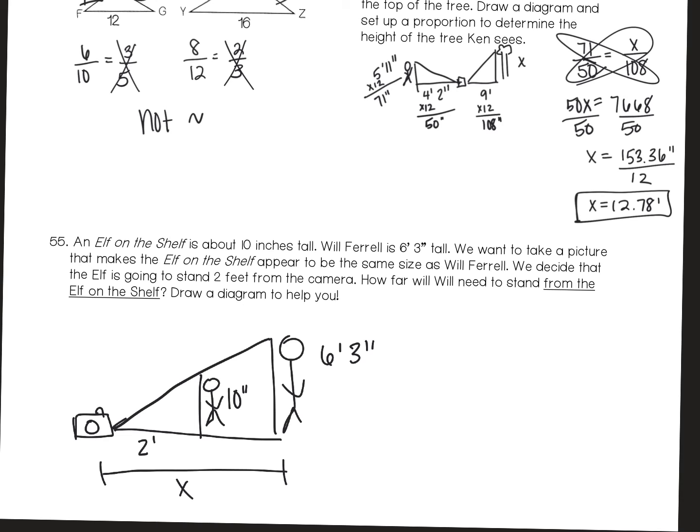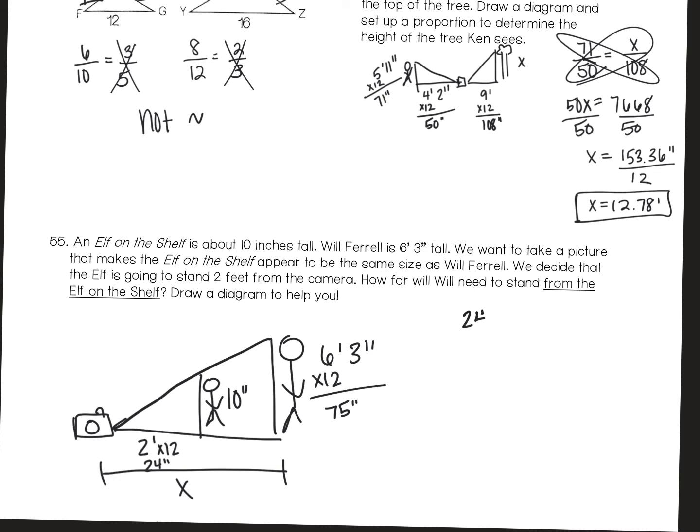So to start, I'm going to convert everything. So this is actually 24 inches, and then Will Ferrell would be 6 times 12 is 72, plus 3 is 75. So I'm going to start by setting up that proportion.